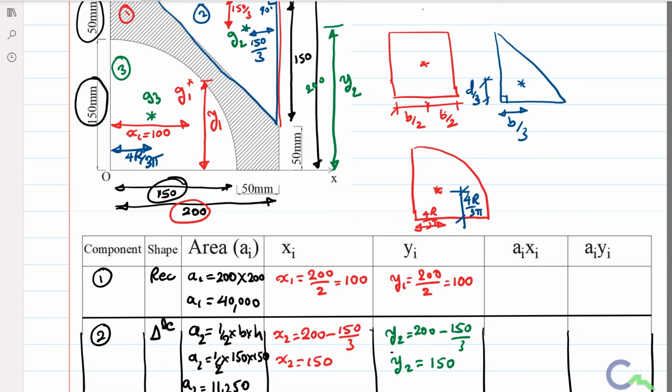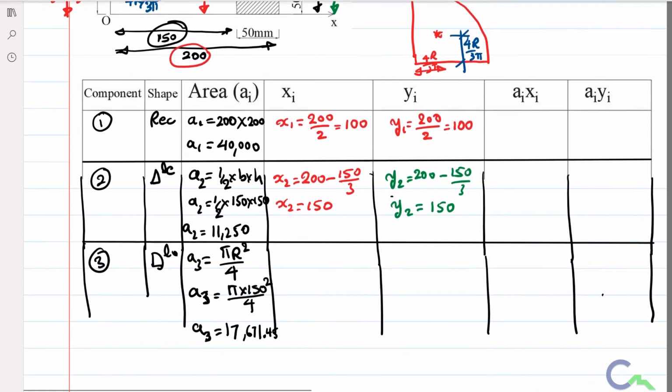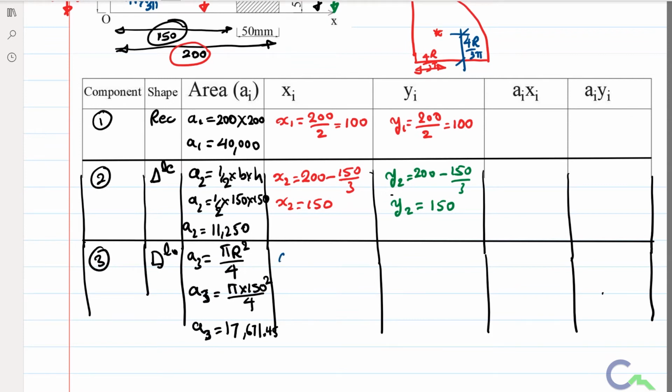Similarly I can take y3 in the vertical direction, y3 is equal to 4r divided by 3 pi. So I will take in the table x3 is equal to 4 into r divided by 3 pi. Therefore x3 is equal to 4 into 150 divided by 3 pi.